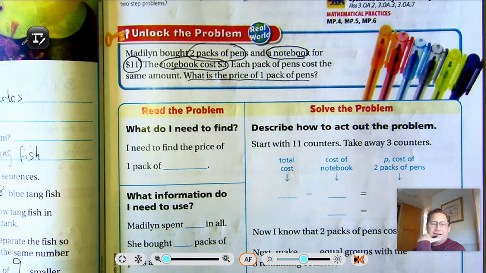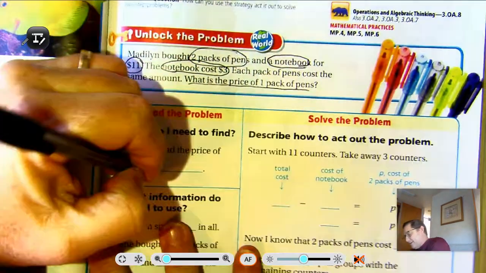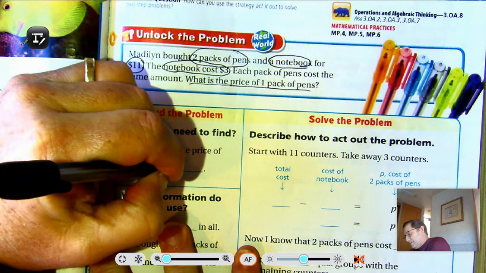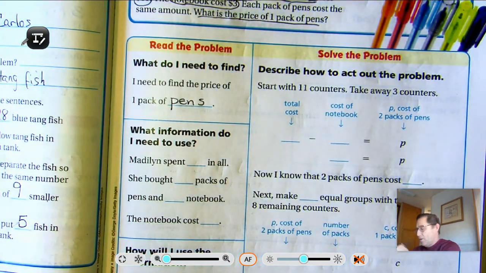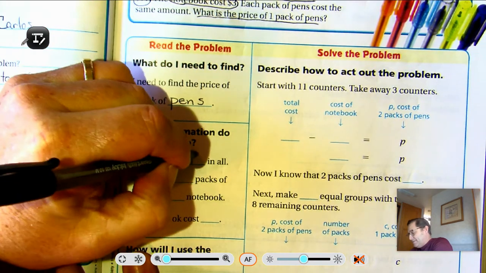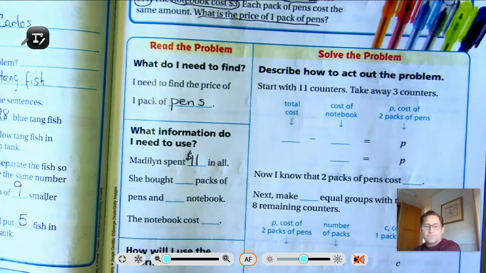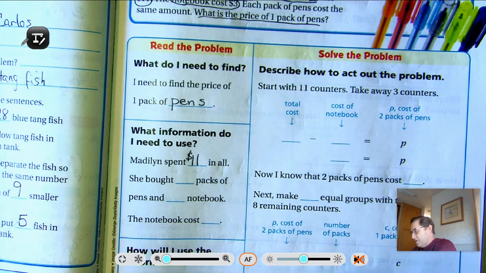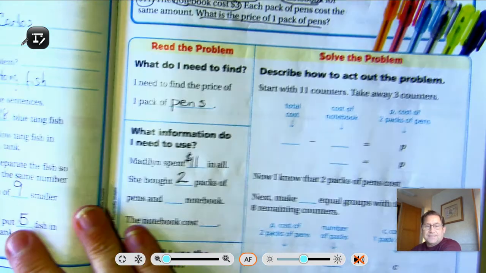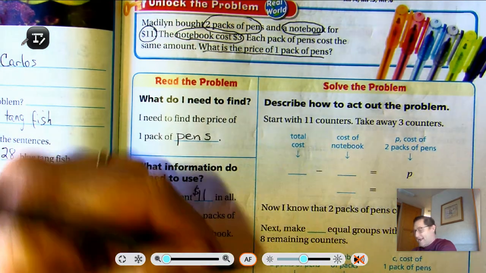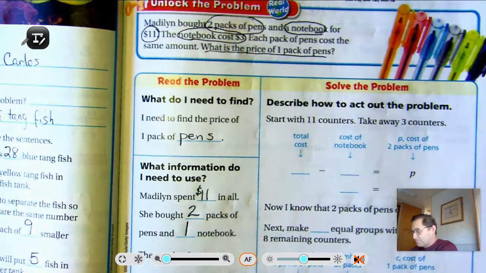So what do I need to find? I need to find the price of 1 pack of pens. What information do I need? Well, I need to know that she spent $11 in all. She bought 2 packs of pens, and she bought a notebook, which means one.